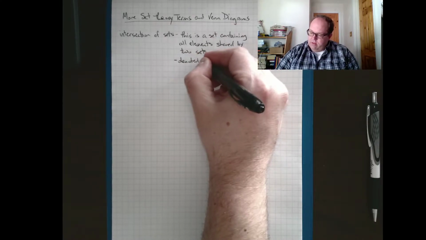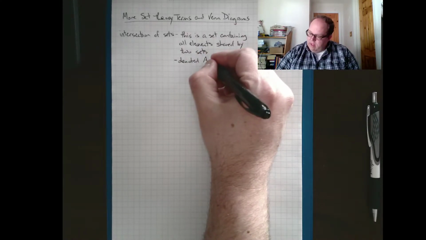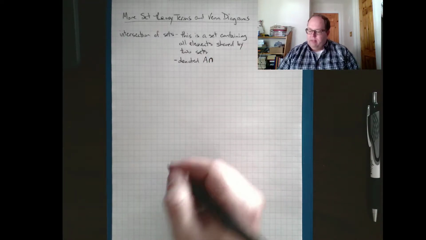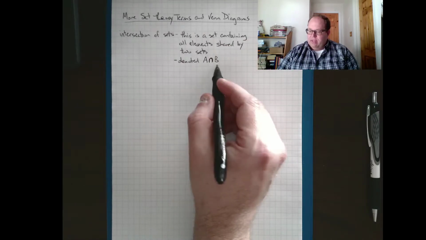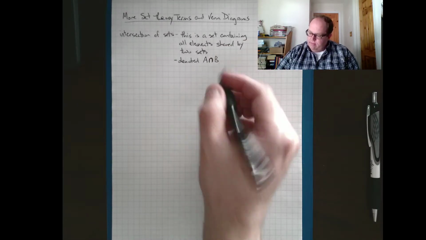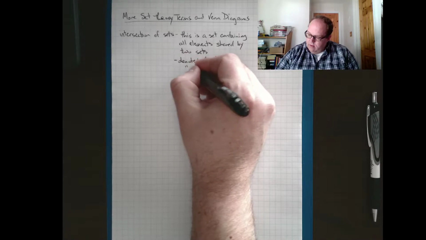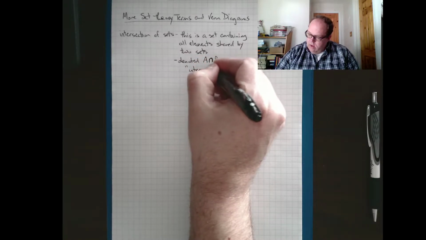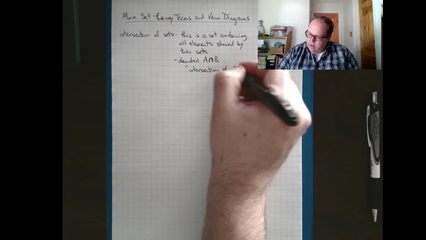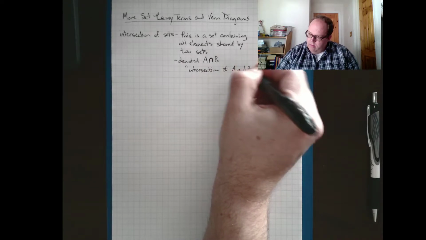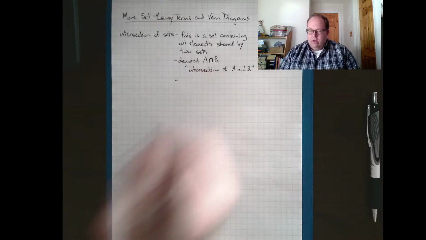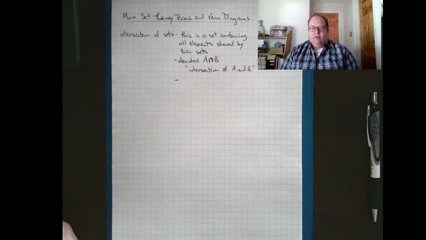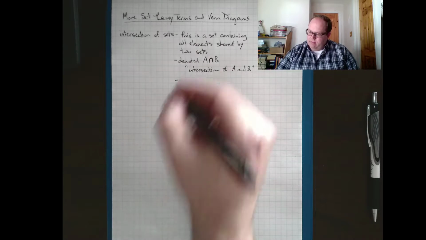We denote it with what looks a lot like an upside down U, although it's a little bit straighter than that, sort of like the subset symbol but upside down. This would be read the intersection of sets A and B. Logically, you can think about it as elements that are in A and B.